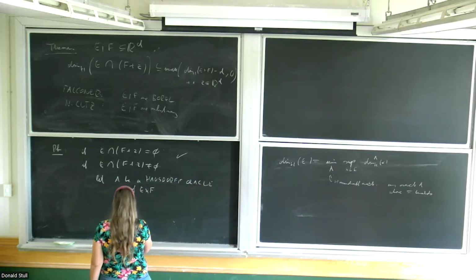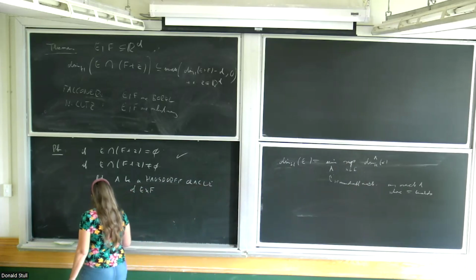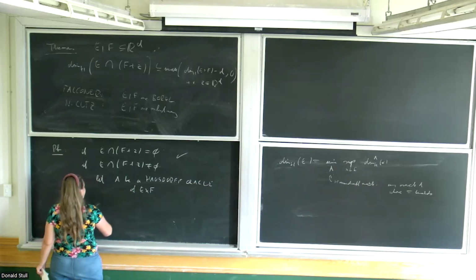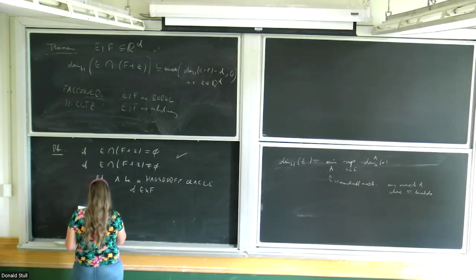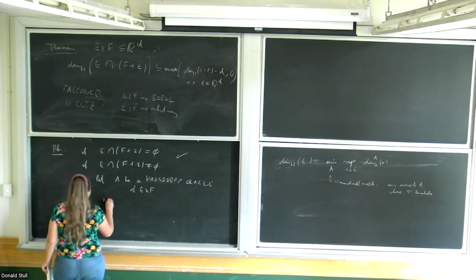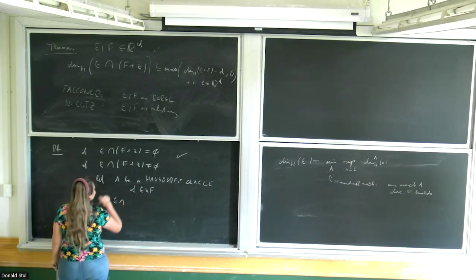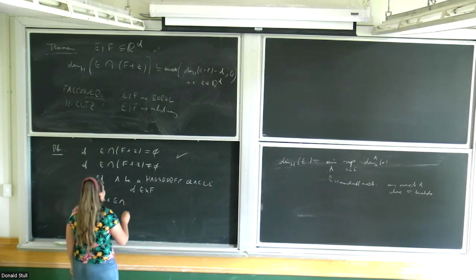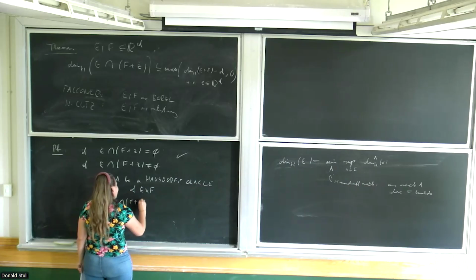And now, okay, so let x be a point. Since the intersection is non-empty, I know that I have at least one point in the intersection.